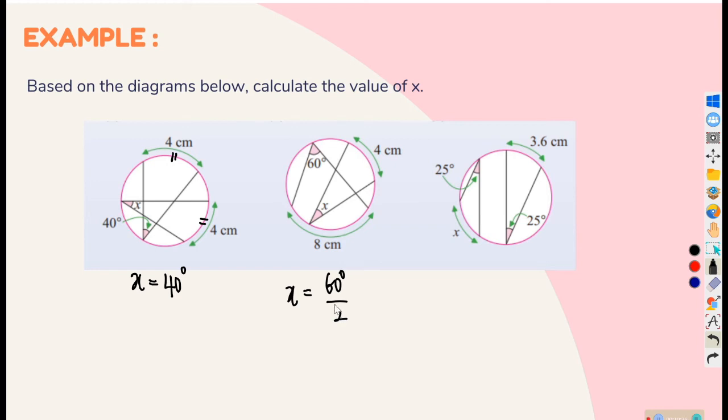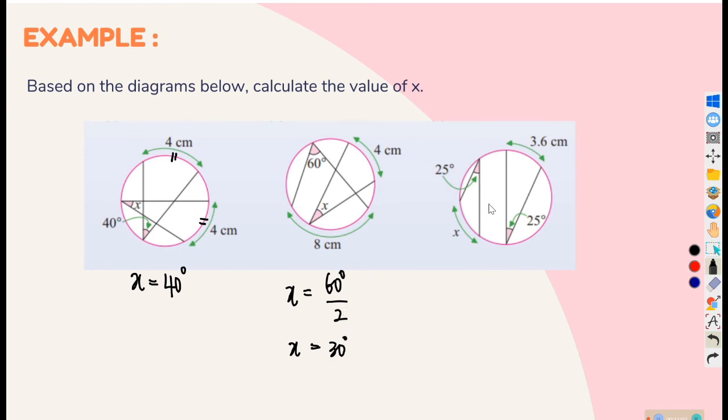So x here is 30 degrees. That means it is proportional, that's why you divide by 2. Because when 8 is divided by 2, you will get 4. So that's why you divide 60 by 2.